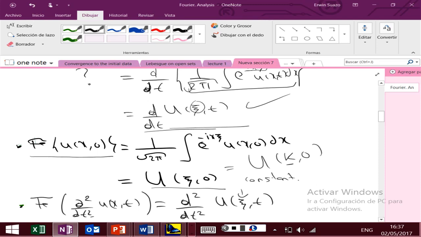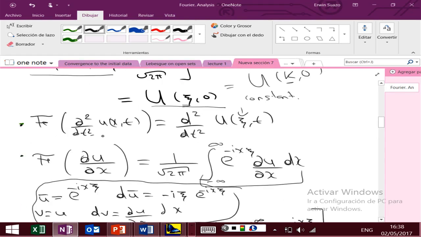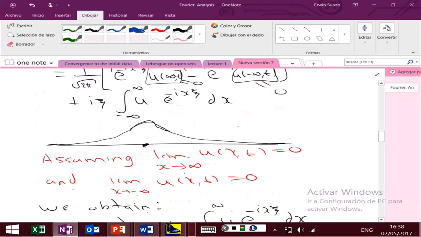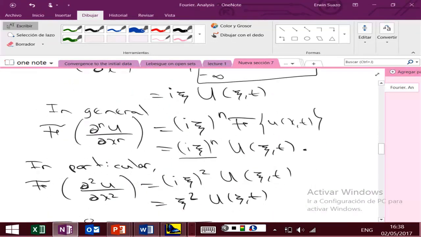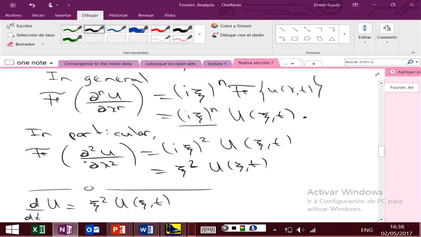When the variable is t, any other variable is a constant, k or zeta, call it whatever. We also have the formula for the second derivative with respect to x, from last time, and I'm going to use it today.